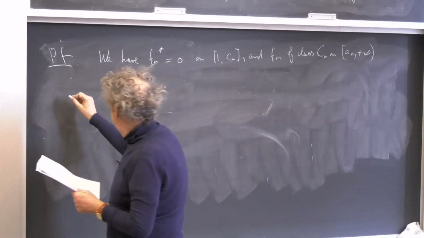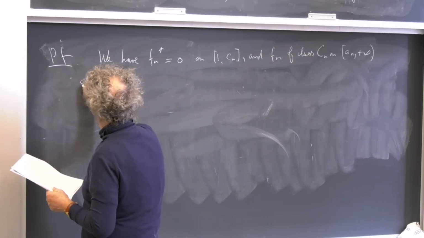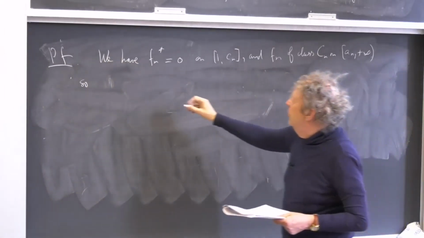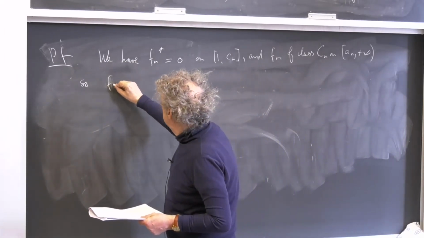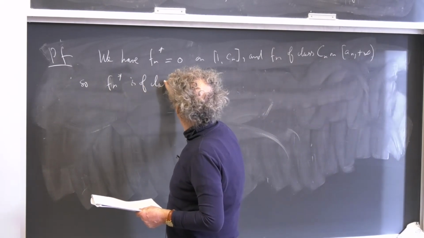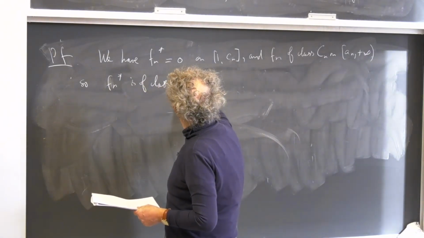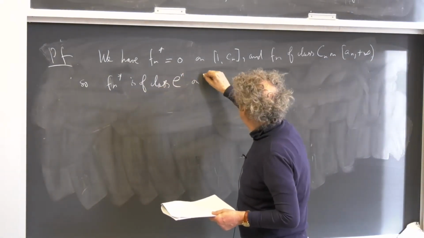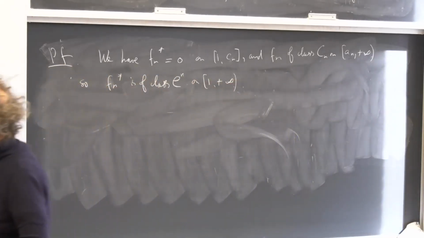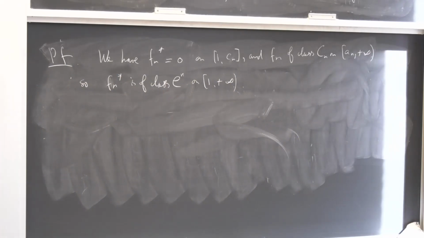So the result is that fn star is of class Cn on the whole interval on which it is defined.